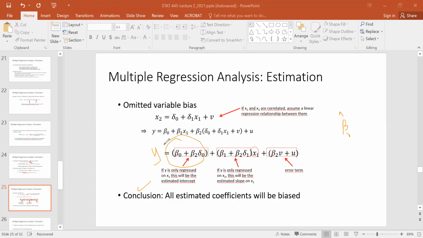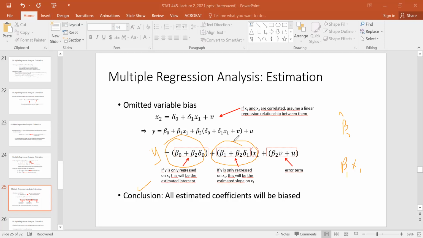So it's biased. Similarly, instead of getting beta 1 attached to x1, which is what you want, you are actually getting something ugly. It is also biased. You are getting beta 1 hat plus something, so an estimate of something other than beta 1.